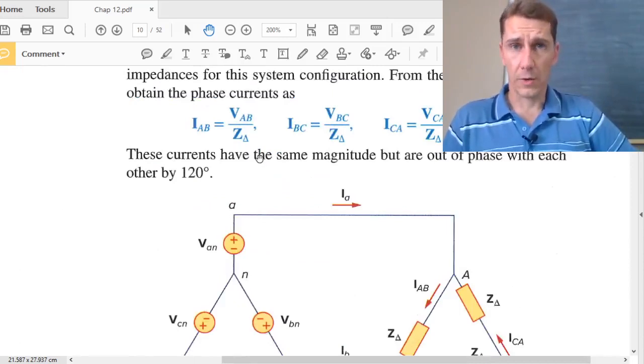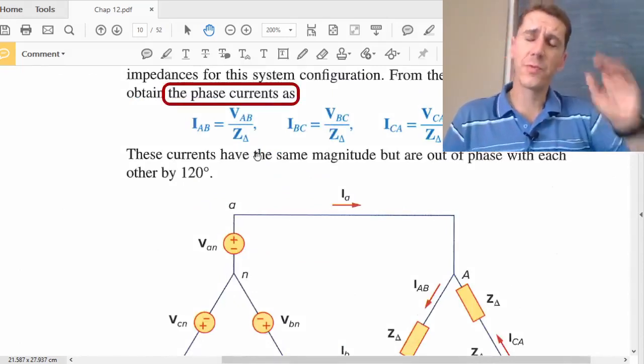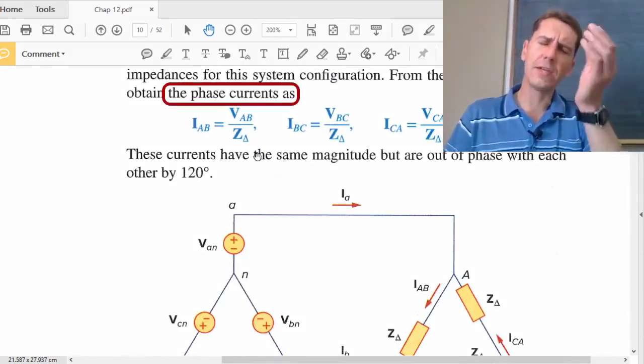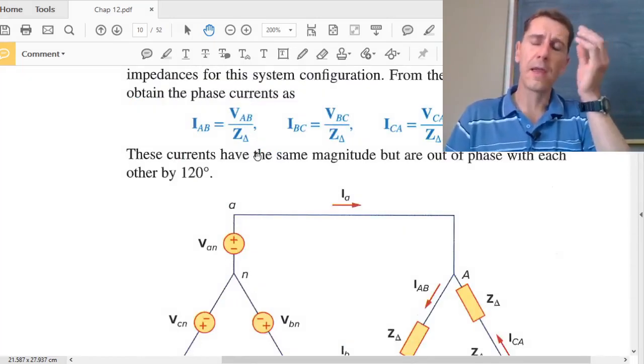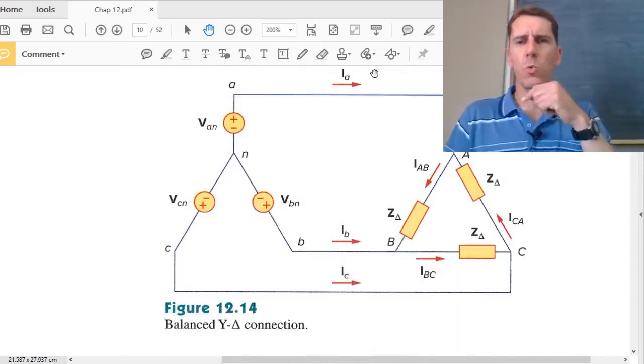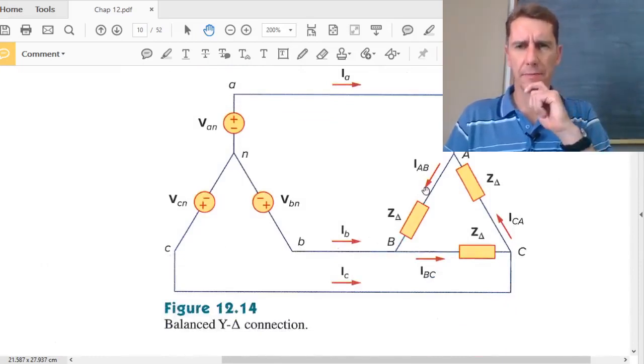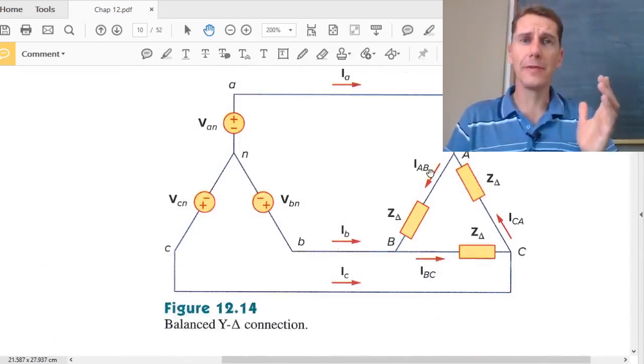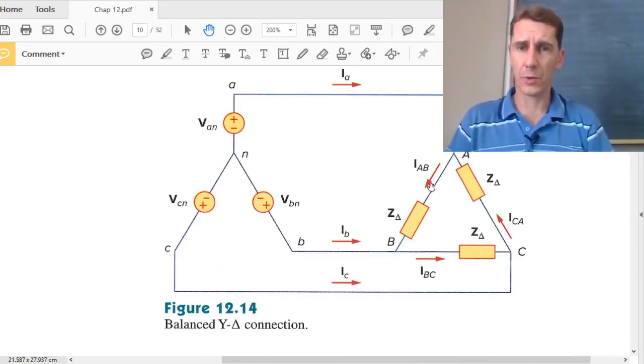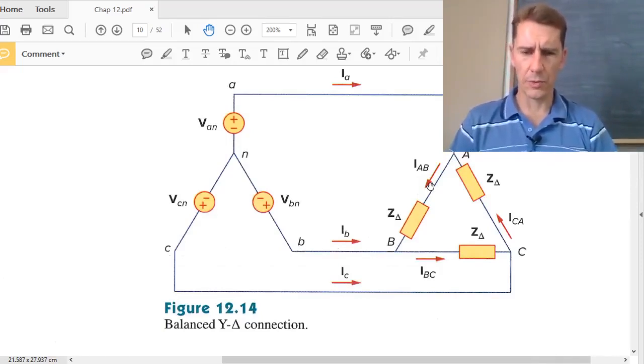I do not like calling it a phase current, because when you hear phase, you must hear Y. So what are we going to call these currents? We're going to call them delta currents. You've got a line current, and you've got a delta current, because it's the current flowing in the leg of the delta connection. I'm going to refer to them as the delta currents so that we don't get confused.